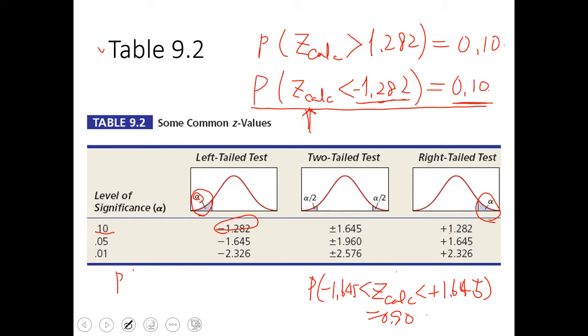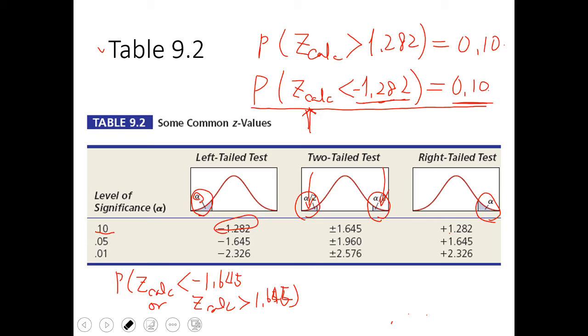That means the probability that the z statistic is less than minus 1.645 or greater than 1.645, so located in the left tail or right tail, is 1 minus the probability that the z statistic is between minus 1.645 and plus 1.645.